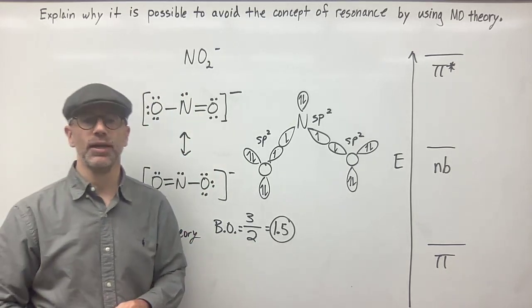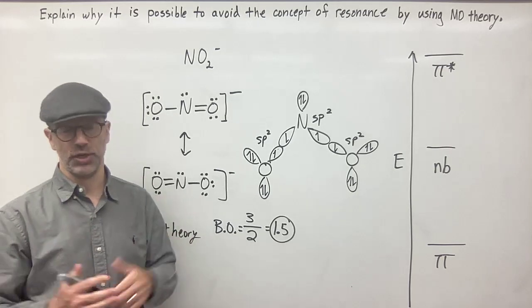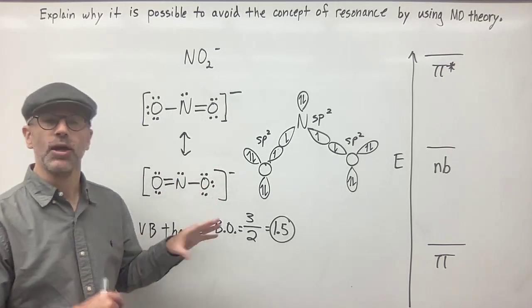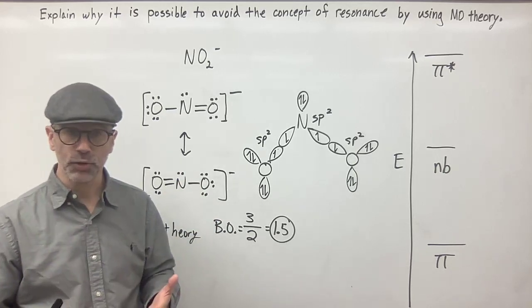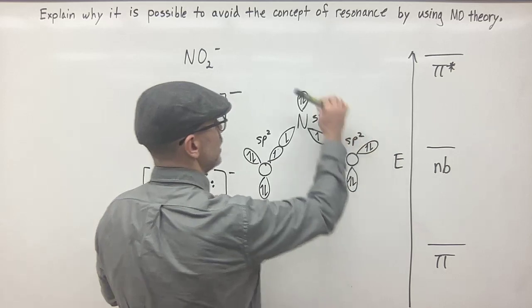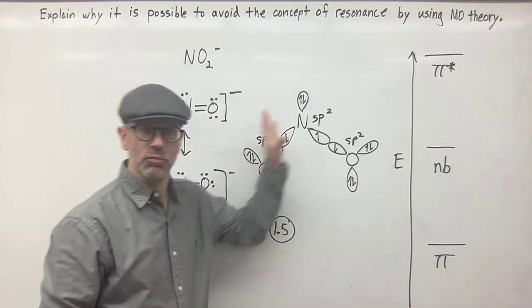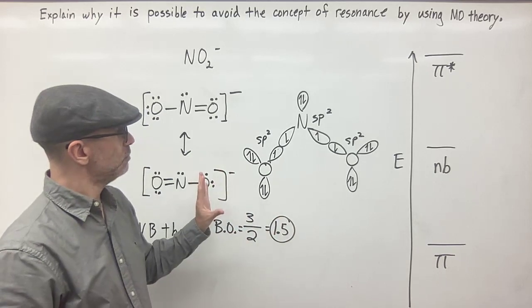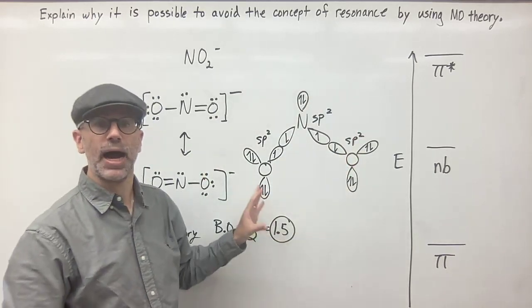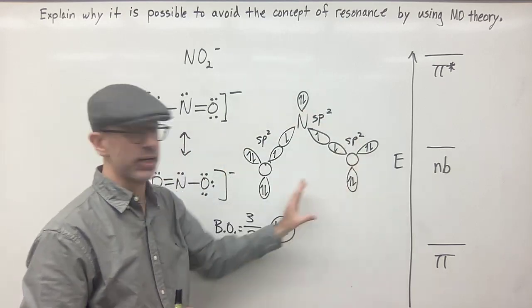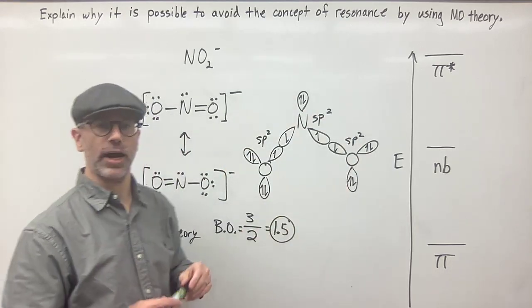But molecular bond theory, or molecular orbital theory, I should say, avoids the whole idea of resonance by using molecular orbitals. Okay, so going back to molecular orbital theory, remember you can use a sigma bond structure here to explain the sigma bonding, right?